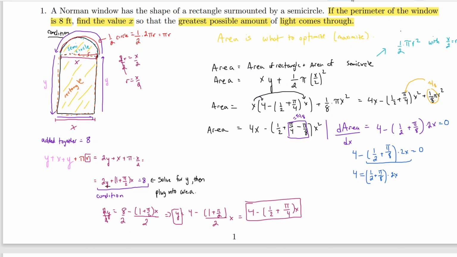And now what do we do? Well, now you're going to divide everything by what x is multiplying. It's very messy. Our answer here is not going to be nice because of the shape, but it's the best we can do. We divide by 1/2 plus pi over 8 times 2.